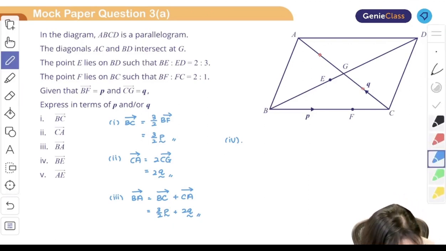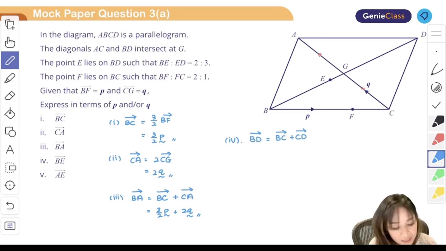And how do we find BD? We would take BD equals BC plus CD. But we don't have CD, right? What other vector is equal to CD?